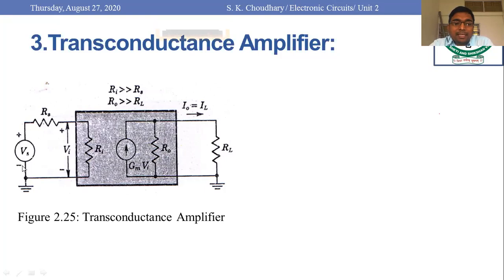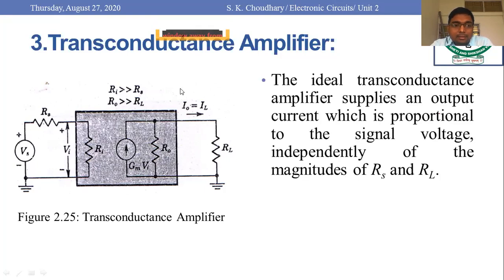If you see the input side, we have shown the voltage source in series with the Rs, and here the condition is the same as we have taken in the voltage amplifier, means Ri is very much larger than Rs, so that there is a negligible drop across Rs, and the whole Vs would appear across Ri.